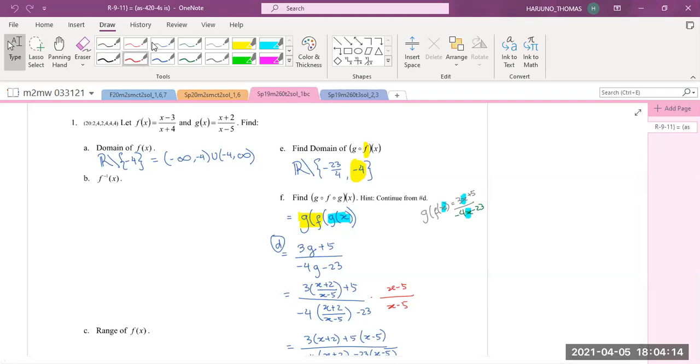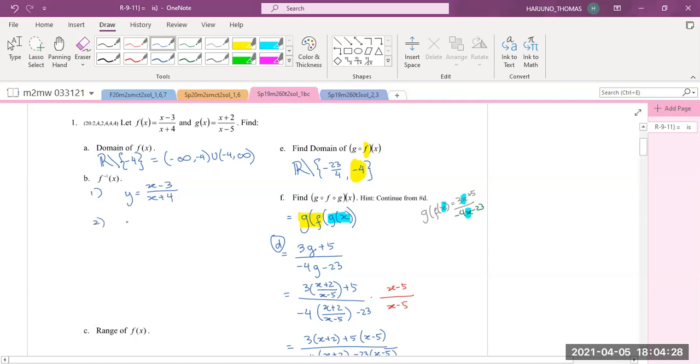So part B, step 1, y equals x minus 3 over x plus 4. Step 2, x equals y minus 3 over y plus 4. Step 3, solve for y.